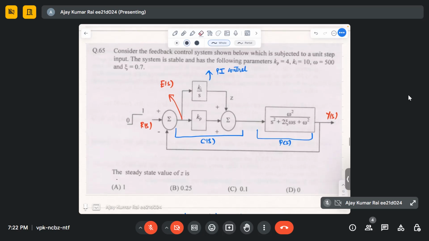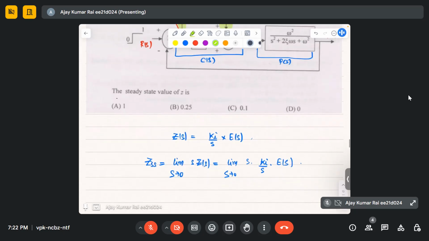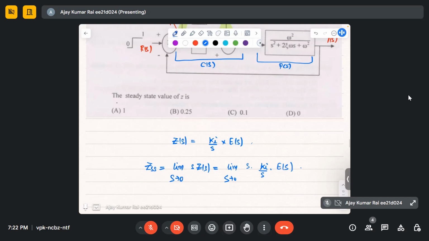Does anyone have any doubt in this first? Just see this. We need to find out Z, right? And what is Z? Z is equal to E of s into Ki by s, right? That's what I have written. And I need to find the steady state value. It's asked in the question.